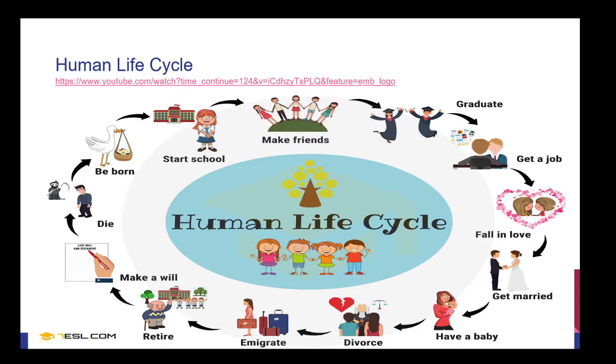Get married. Get married. In pasado es got. I got married right out of college. Have a baby. Oh. Have in pasado is what? What is have in the past tense?